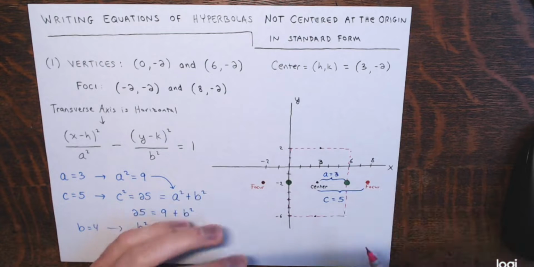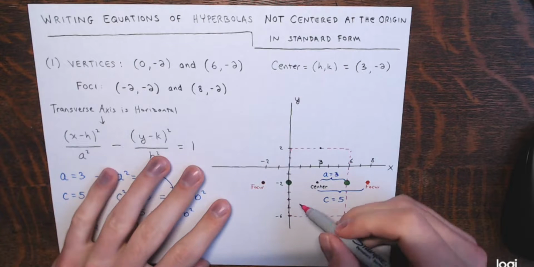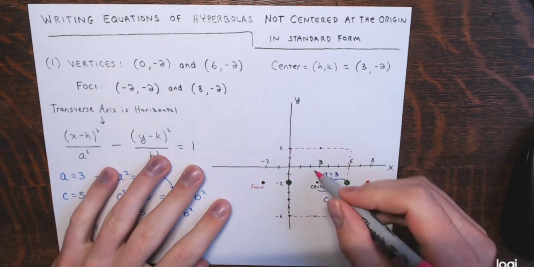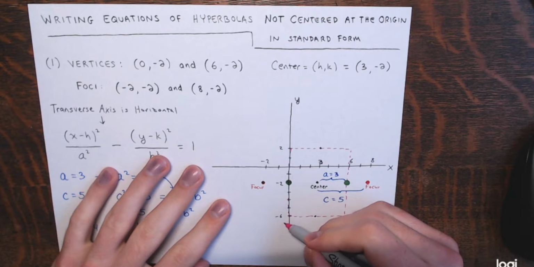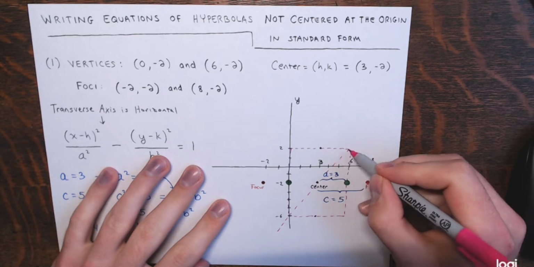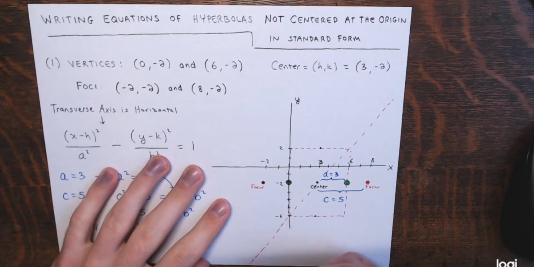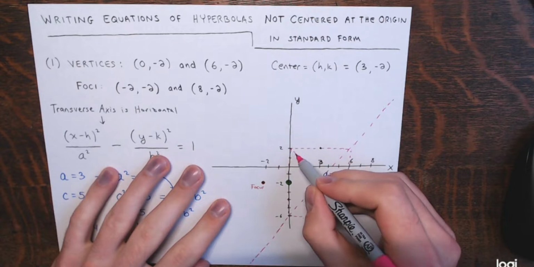And then using this rectangle as a guide, we can draw the asymptotes. The asymptotes should be going through the corners of this rectangle and through the center. Sorry, this isn't the greatest of drawings, but there's one asymptote. Here's the other asymptote.